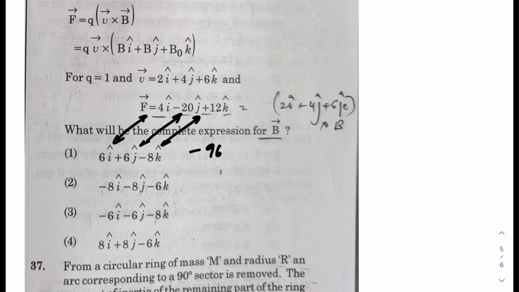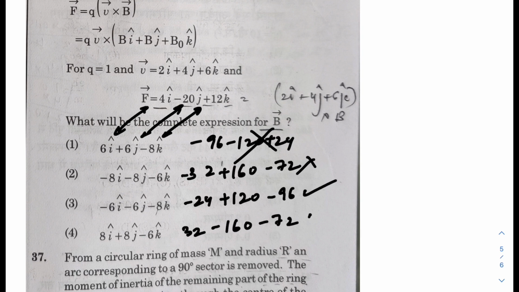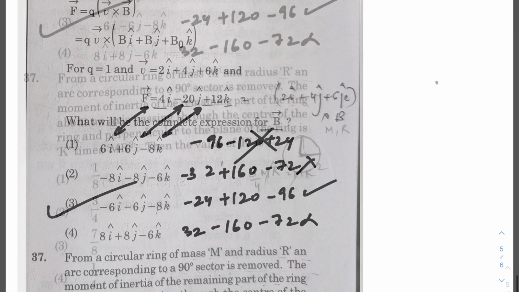So we have minus 96, minus 120 and plus 24, it cannot be the answer. Next, 4 and minus 8, that is minus 32, and this is plus 160, and 12 and 6, that is minus 72, it is also not a possibility. Next, 4 and minus 6, minus 24, this is plus 120, and this is minus 96, this is satisfying. Next one, 32, and then 28, 160, 12, 6, we have 72, not satisfying, so only the third is the possible answer.